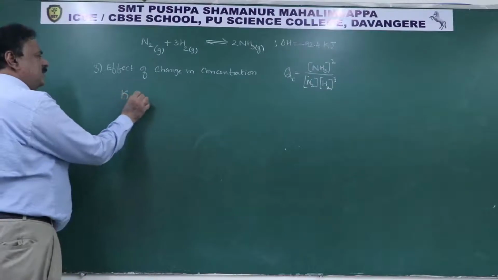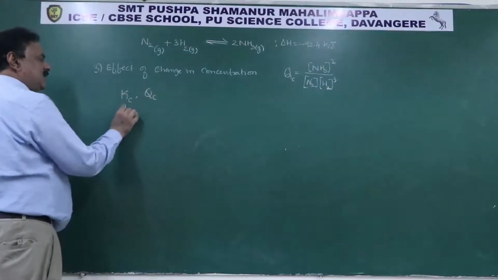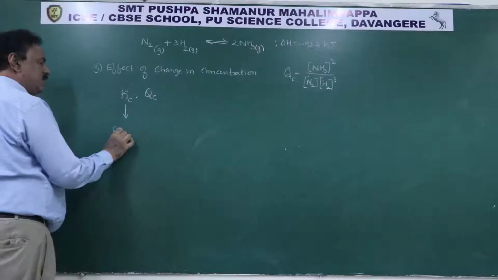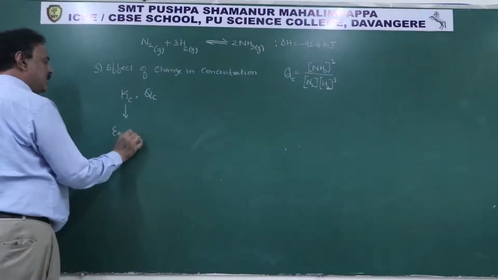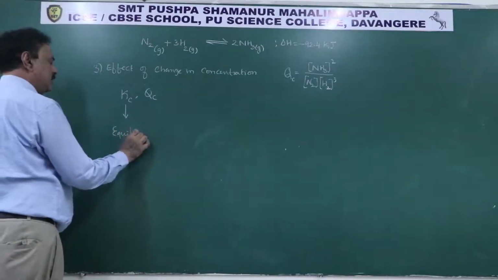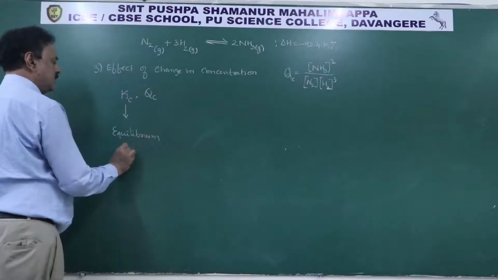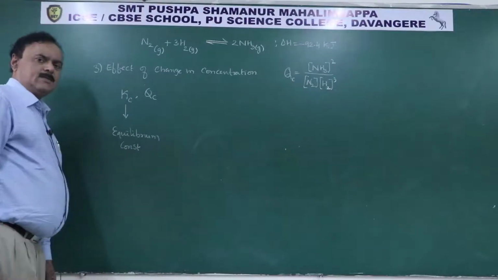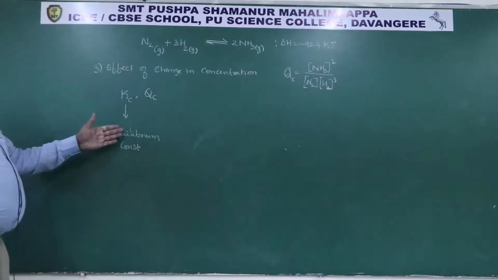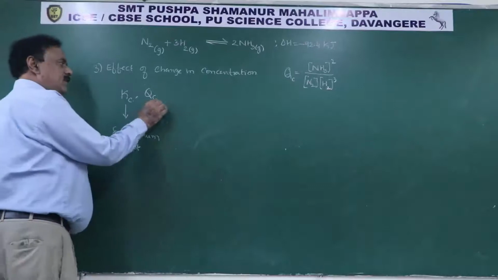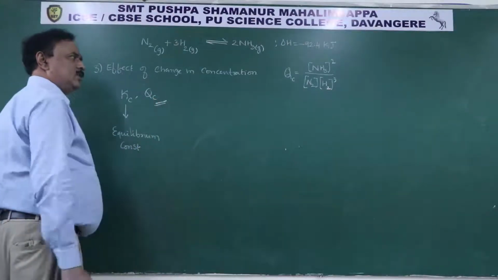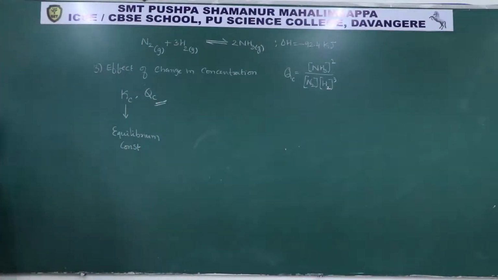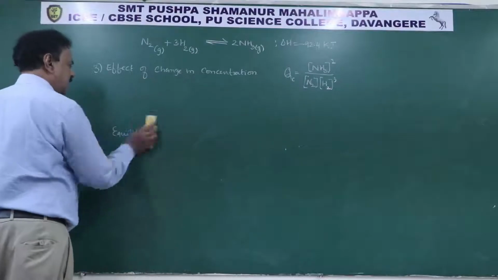Kc is the equilibrium constant, which means this is only under the equilibrium position. Other than this equilibrium position, we refer to it as Qc. At any position, both are constant factors.